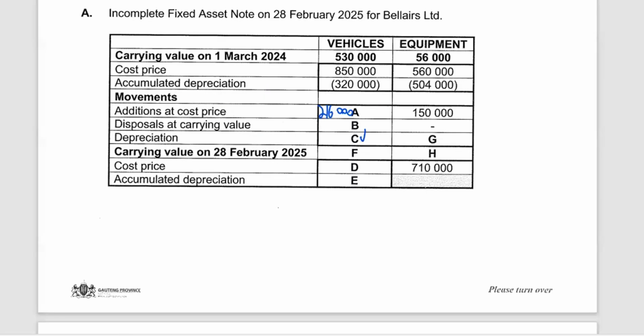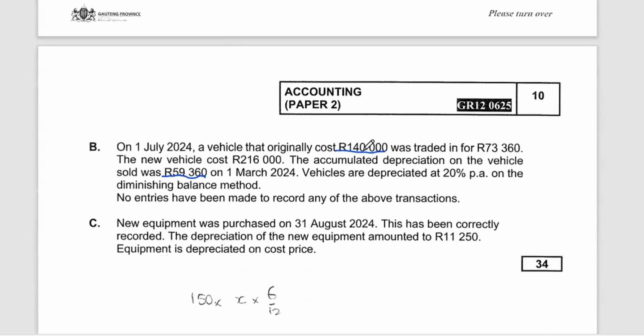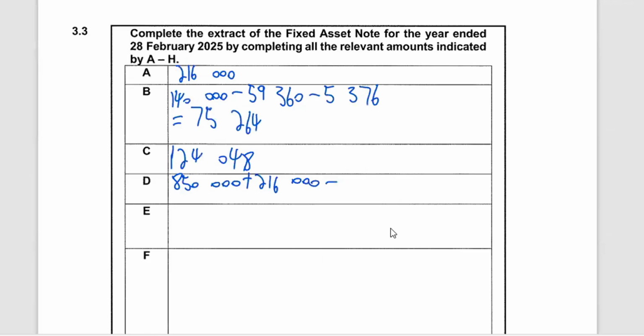Then minus the cost price of the vehicle that has been sold, which is 140,000. Then we get our answer, which is 926,000.